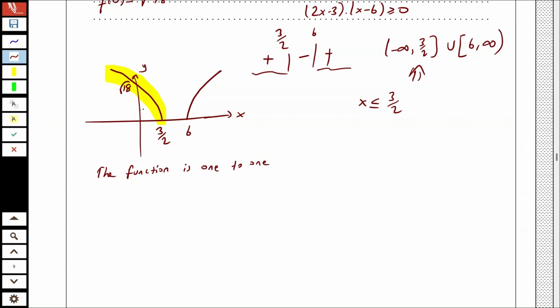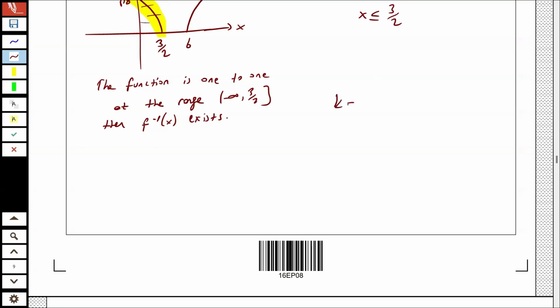You can justify it by the horizontal line test. On the range minus infinity to 3 over 2, the inverse of f exists. You can write something like this: k is 3 over 2.